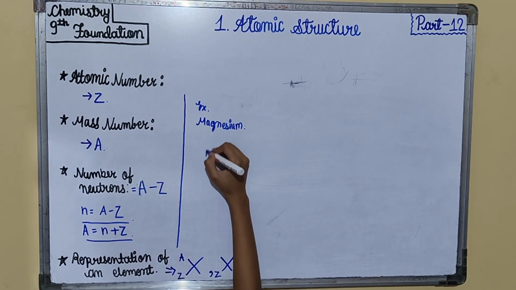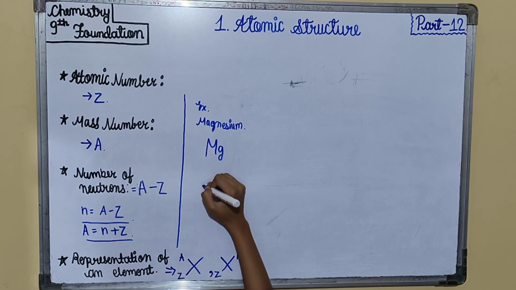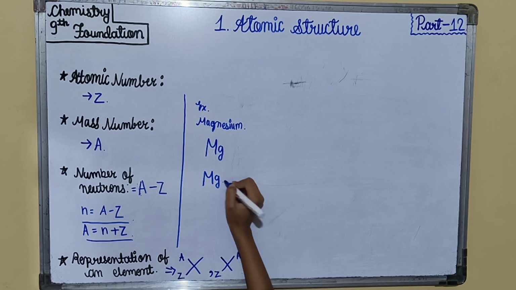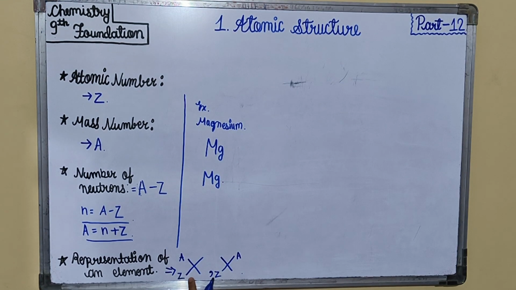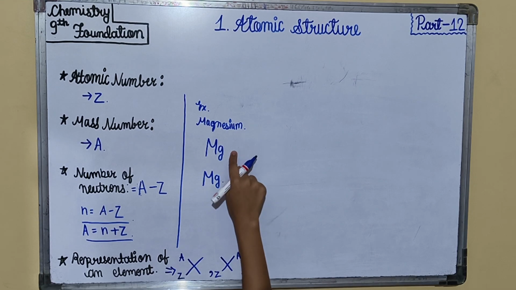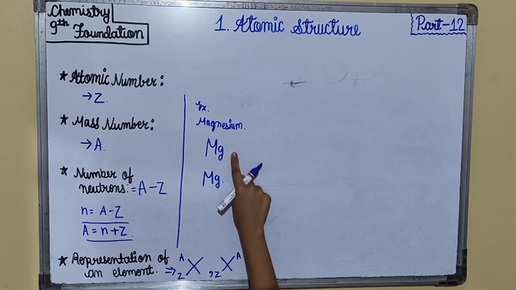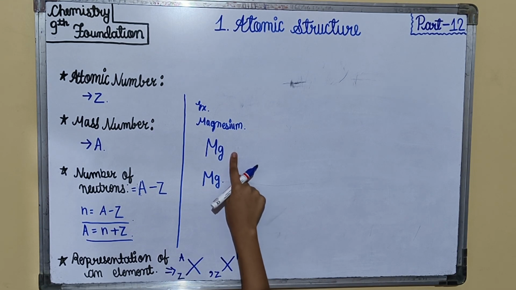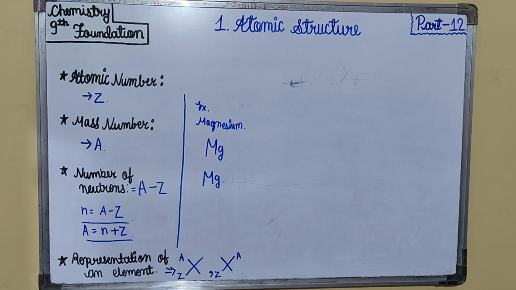The symbol of magnesium is Mg. In this form, if we write, this is Mg, magnesium. The atomic number of magnesium will come at the left lower side, that is 12.